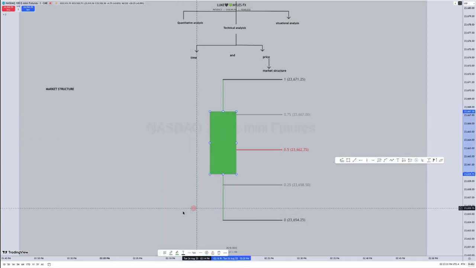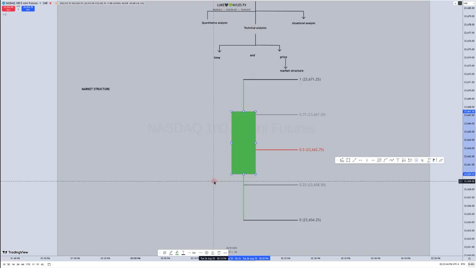So these wicks show that the price of a commodity reached a certain price. So if this is a candle that is going higher, this wick would show me that the price of this commodity dropped to 2365.25 as a price level.